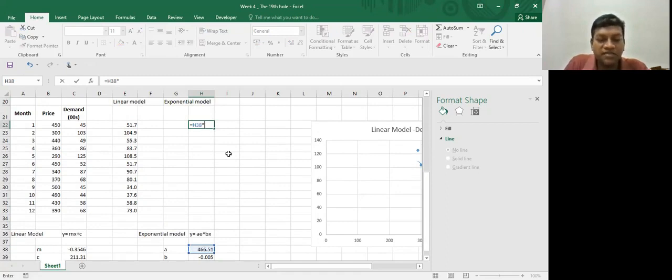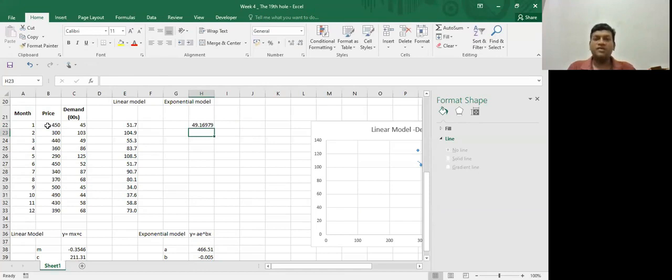There is a function called exp, exponential, raised to b multiplied by x. X we pick up from here. And I close the bracket. So I get the value for demand generated forecast using the exponential model.